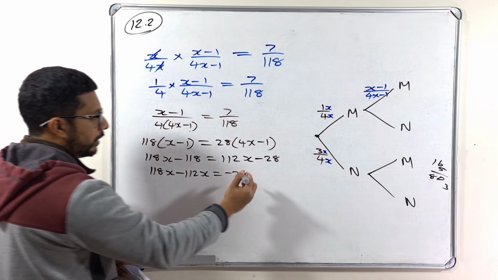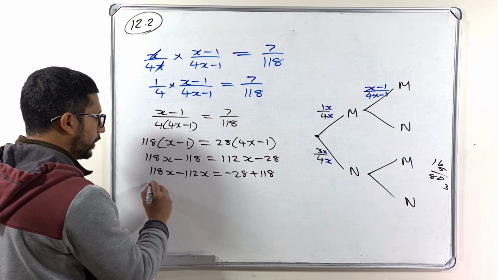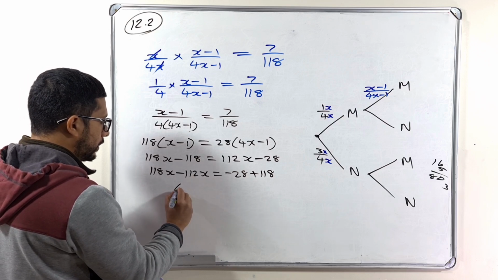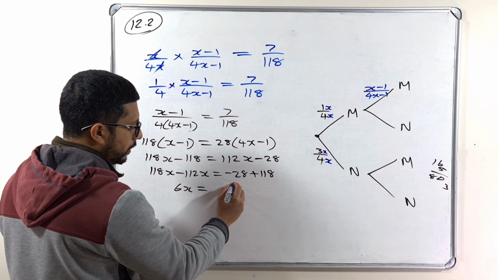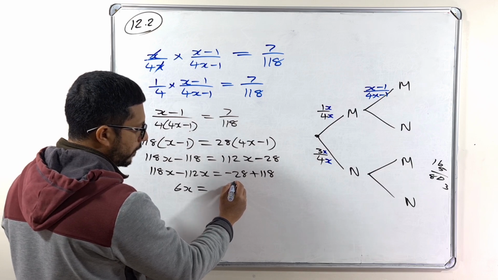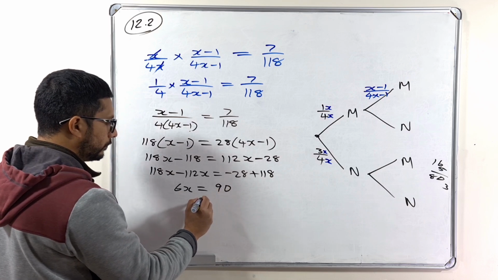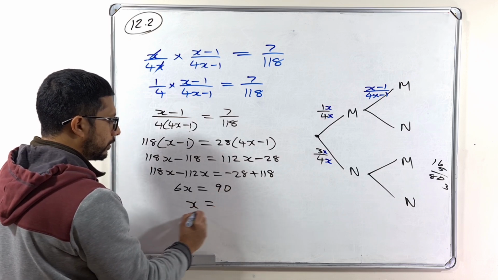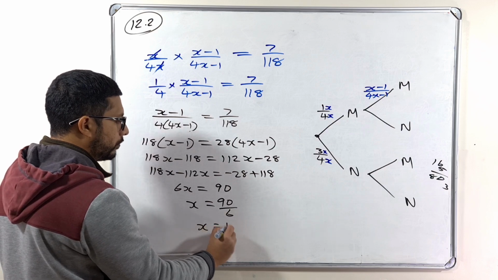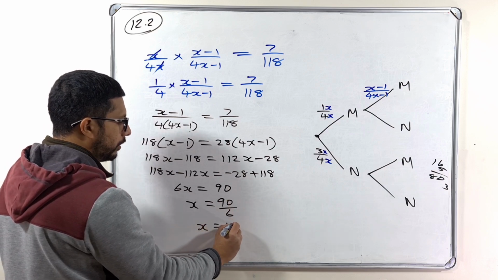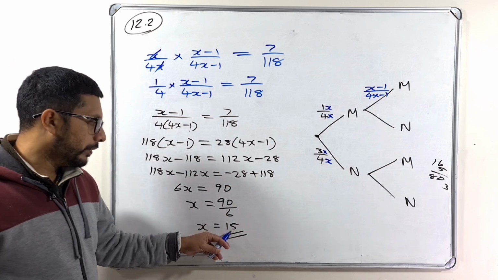Take this one to the other side, so it is plus 118. So this one, 6x is equal to, what is this one? Is it 90? 118 minus 28 is 90, yeah. So what is x? 90 over 6. So x is equal to 15. So the value of x is 15.